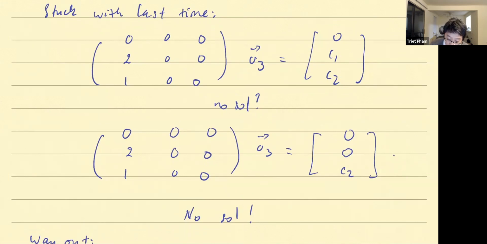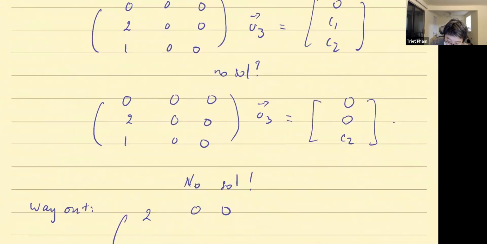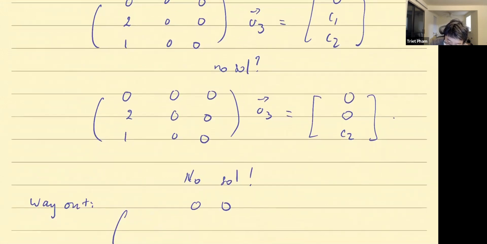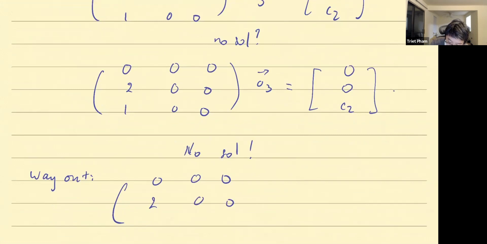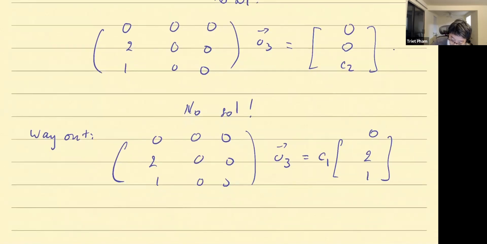In other words, this system has a solution as long as 0, 0, 0, 2, 0, 0, 1, 0, 0, times V3 is equal to 0, 2, 1 times C1 has solutions. And guess what? This guy is an eigenvector itself.